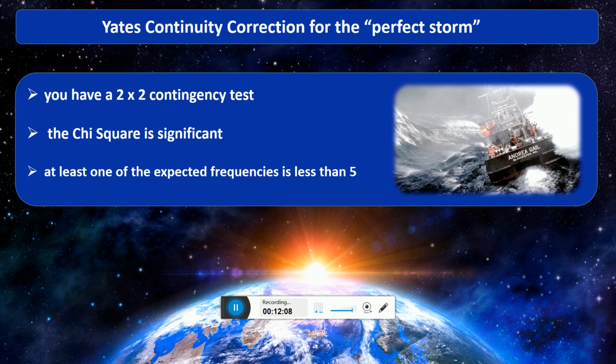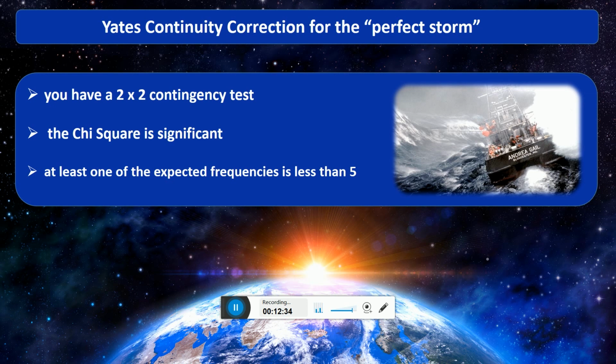And then you would consider, not necessarily use, but you would consider using Yates continuity correction. What this correction does is typically correct for any inflated risk you might have of making a type 1 error. A type 1 error occurs when you claim that you have significant results.